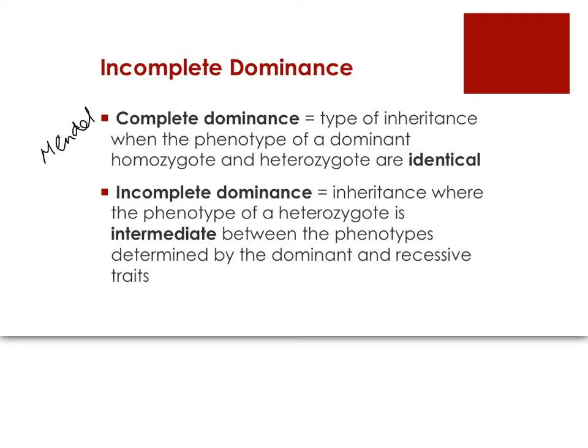In incomplete dominance, this is inheritance where the phenotype of a heterozygote is intermediate between the phenotypes determined by the dominant and recessive traits. So in our face lab, we called this the traits that were a blend. So the phenotype looks like something in between the dominant and recessive genotypes or phenotypes.